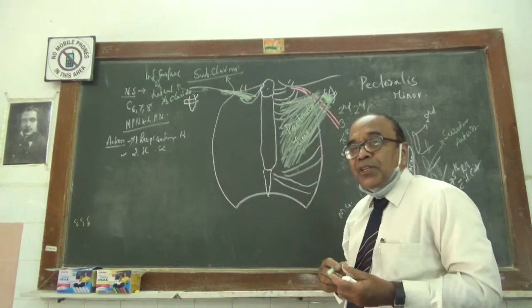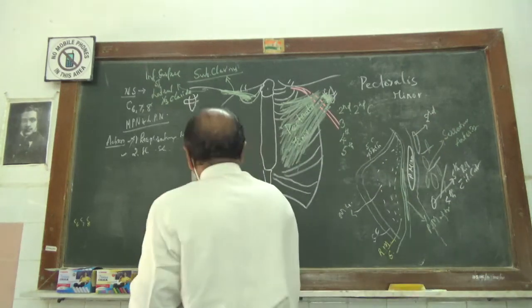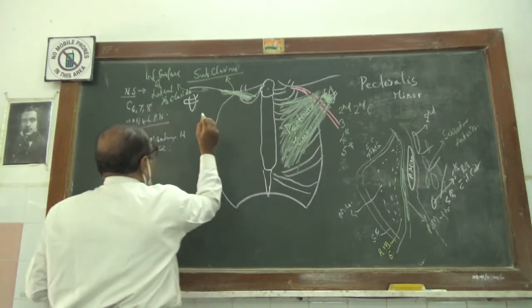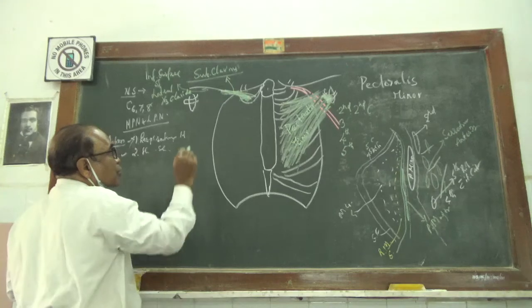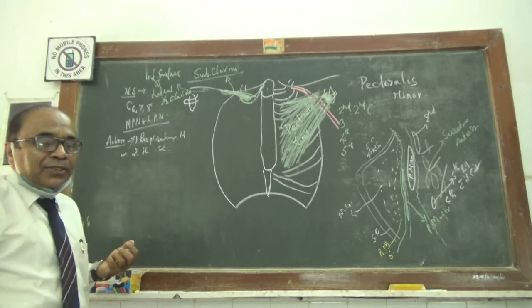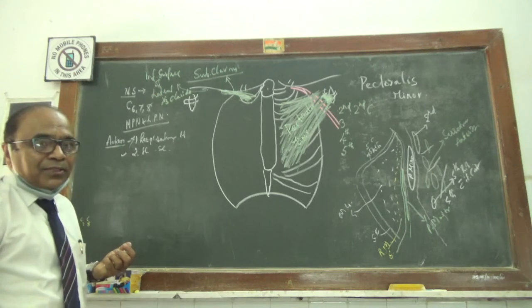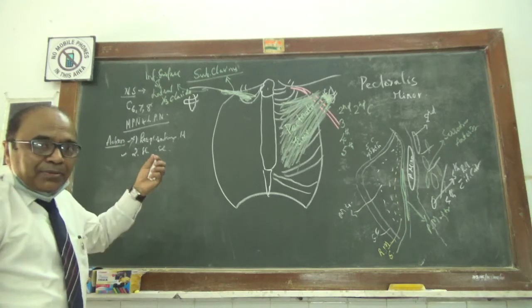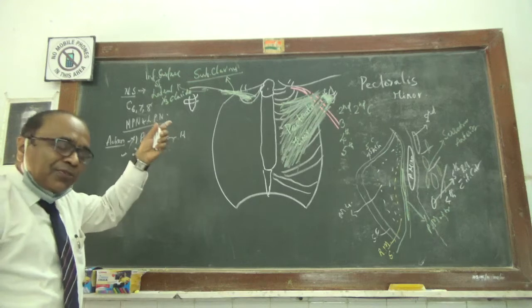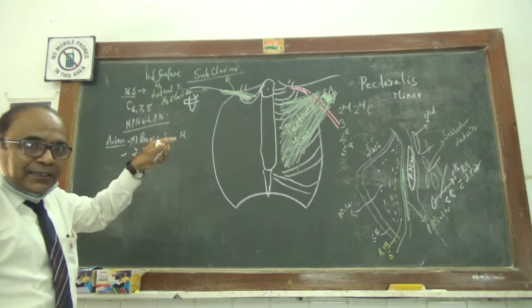Now the relations of this subclavius muscle. You will have the skin, the superficial fascia, the superficial flap of the deep fascia of the neck, and the deep flap of the deep fascia of the neck, which will be there behind.